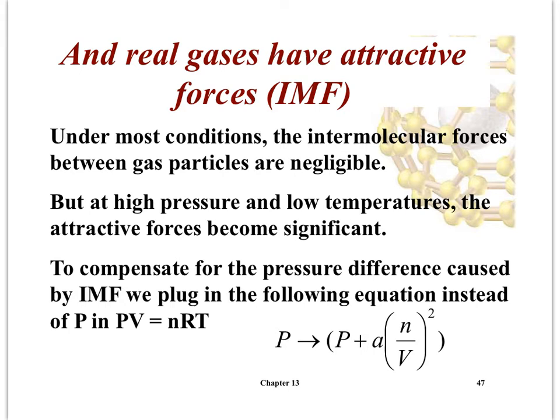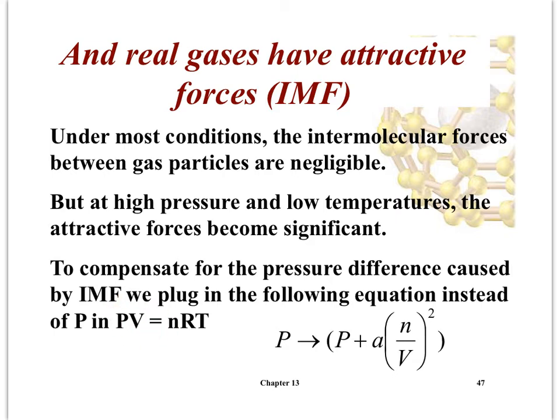So, when we have an ideal gas that has very, very weak intermolecular forces, or the temperature is really high and the pressure is really low, where we don't have significant intermolecular forces, if we use PV equals nRT, then it works fine. But if it is under high pressure or low temperature, or the attractions between the particles are really, really significant, then this does not work anymore.